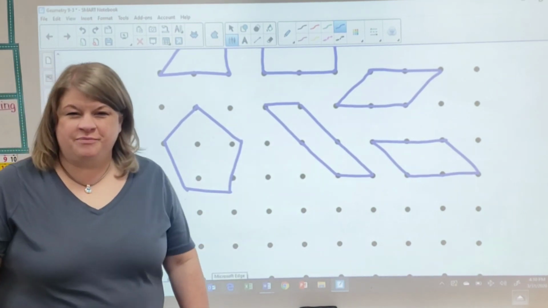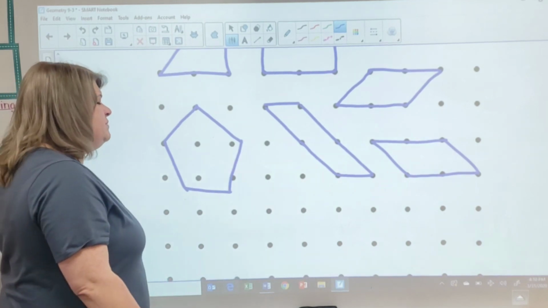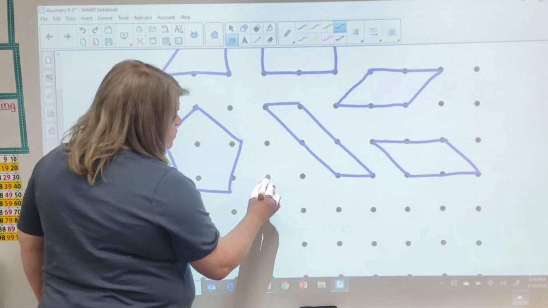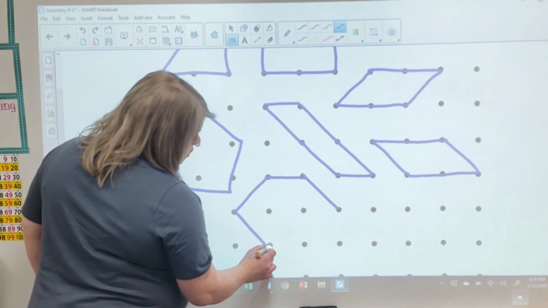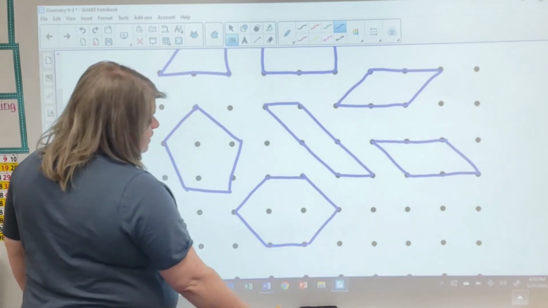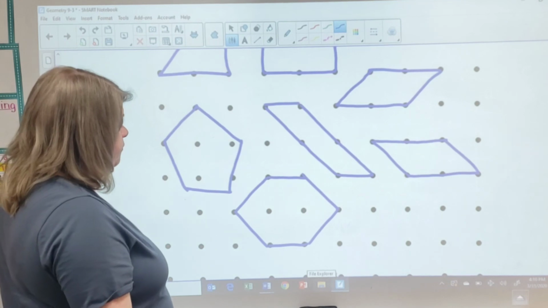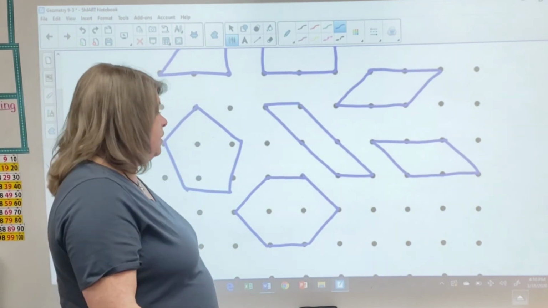Any five-sided shape, they don't have to be equal. A lot of times they are, but they don't have to be. That's 5 sides. Next, we'll do 6. 1, 2, 3, 4, 5, 6. That's a hexagon, any 6-sided figure.